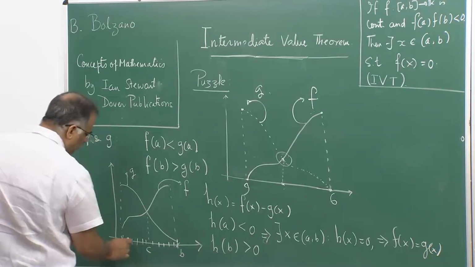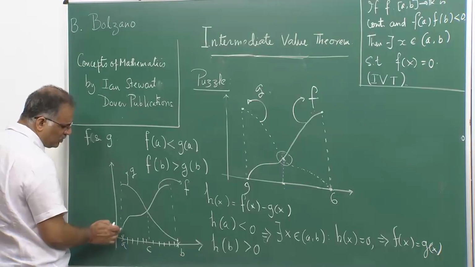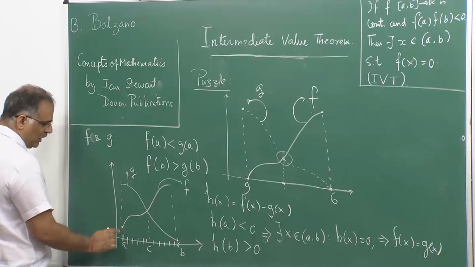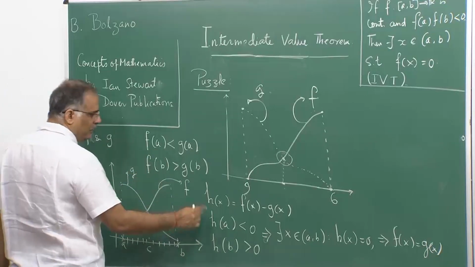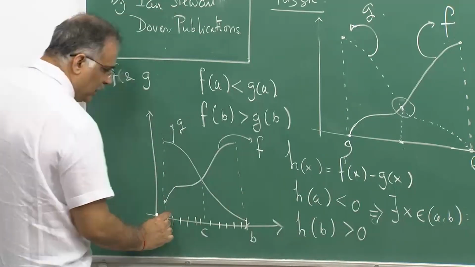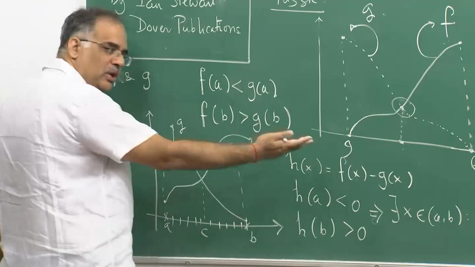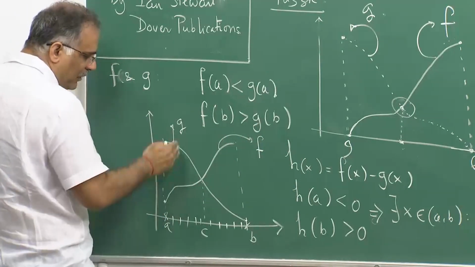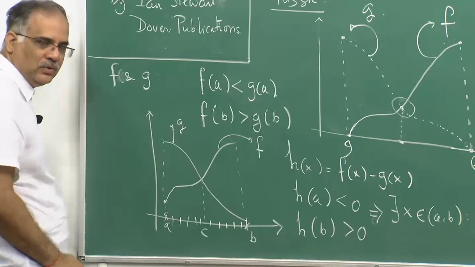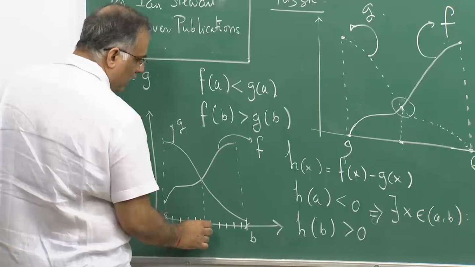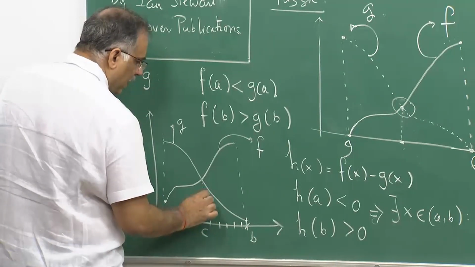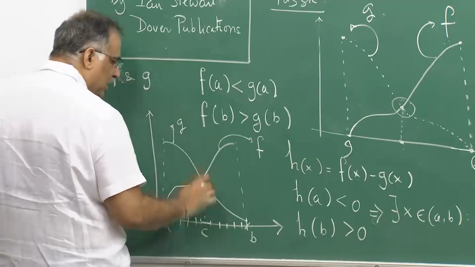Look now at the first starting intervals. You will observe, because of the property of continuity, that if h a is strictly less than 0, then in a neighborhood h a would continue to remain strictly less than 0. So, for some time you will have f x values strictly less than g x values. But then look at the first interval where you find a value of x for which f x value is bigger than g x value.